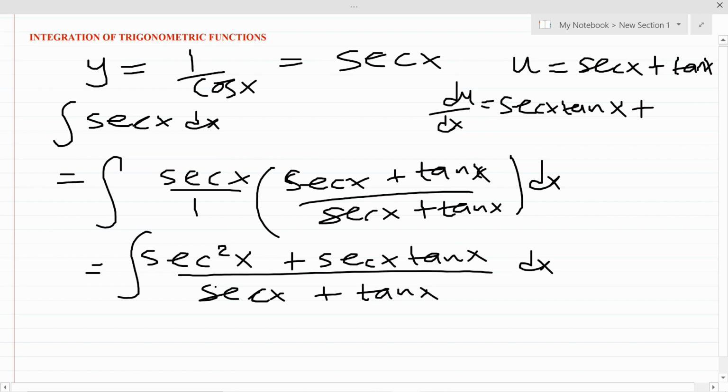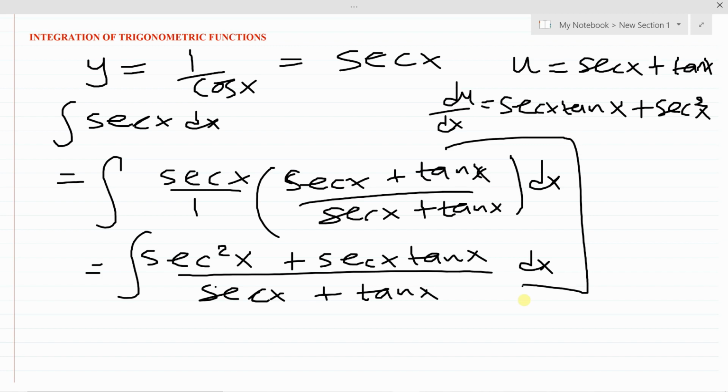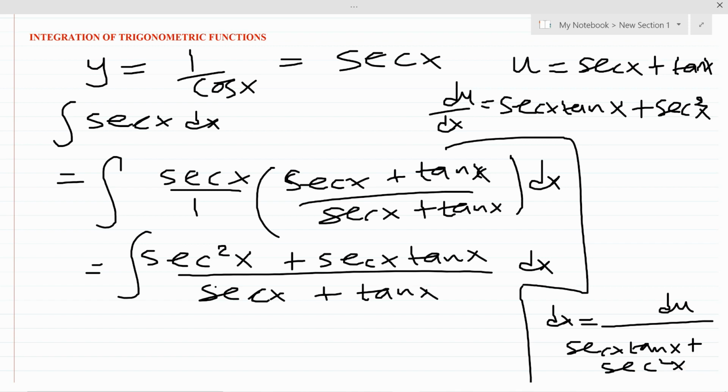This plus sec squared x. Now if I make dx the subject there, dx will actually be equal to du over sec x tan x plus sec squared x. I hope you can see that.